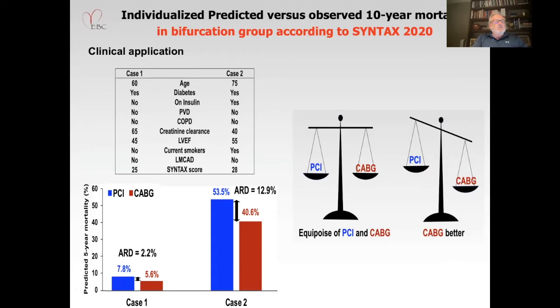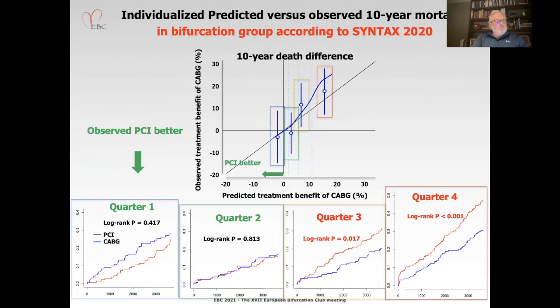The difference in mortality at an individual level is considered as a treatment benefit in survival of CABG over PCI, or vice versa, of PCI over CABG. All the predicted and observed treatment benefits have been regrouped in 4 quartiles.